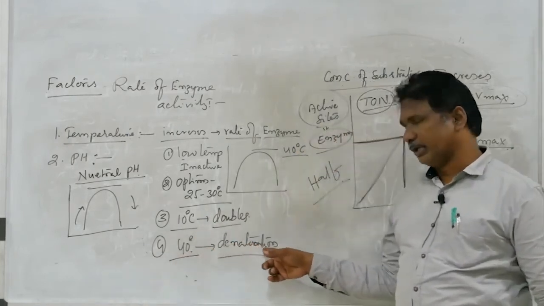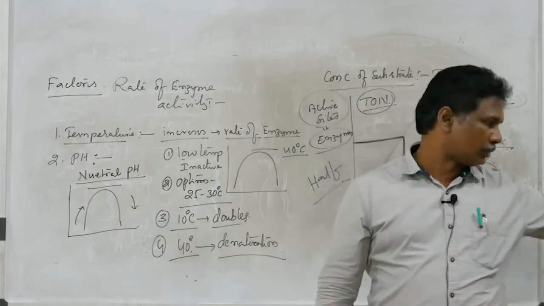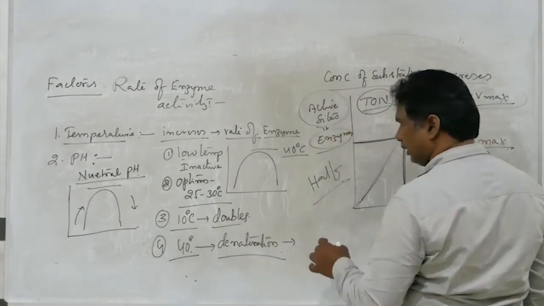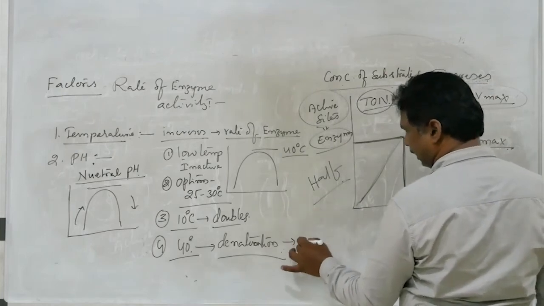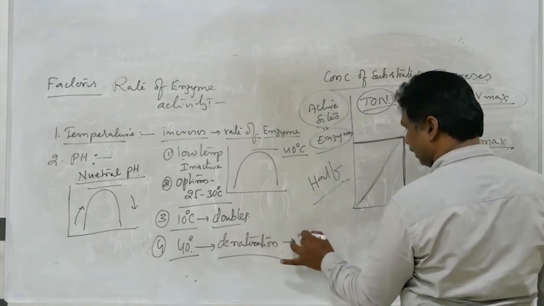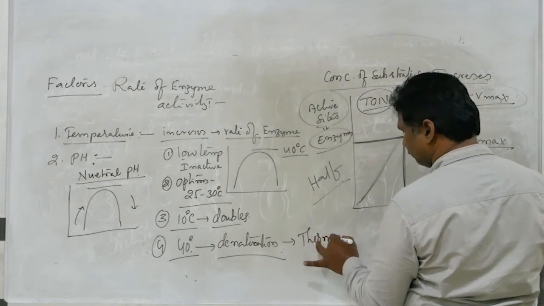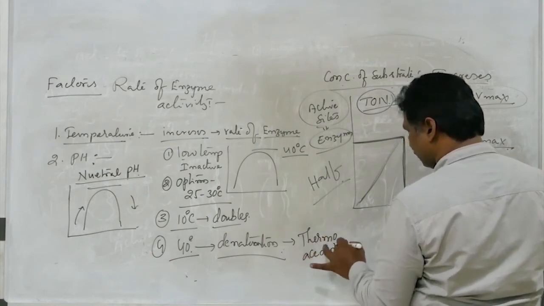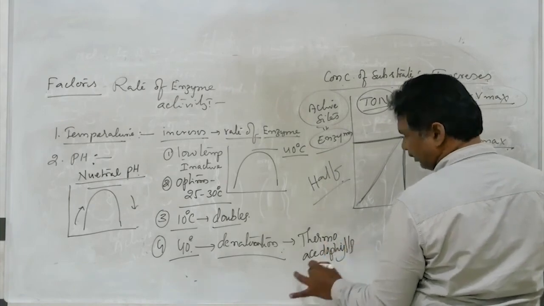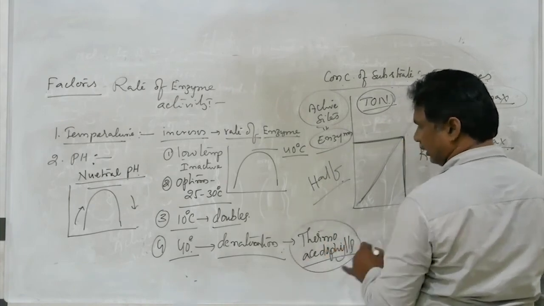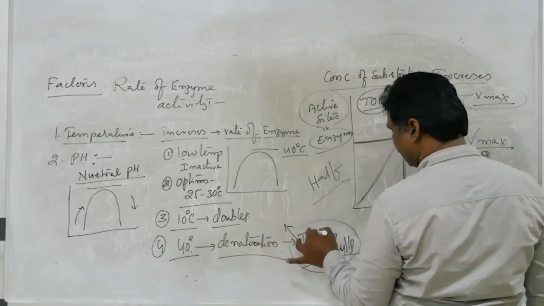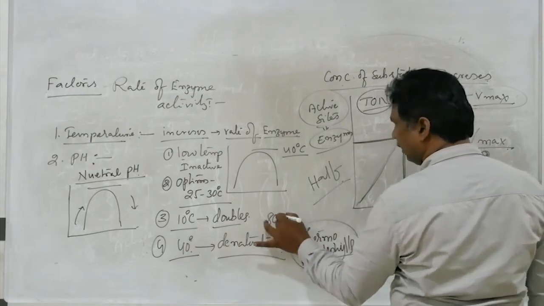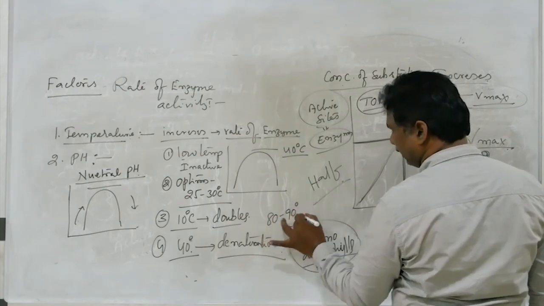More than 40 degrees, those enzymes undergo denaturation. But some of the bacteria, primitive archaebacteria, are called thermoacidophils. The enzymes present in those bacteria withstand high temperatures of 80 to 90 degrees.